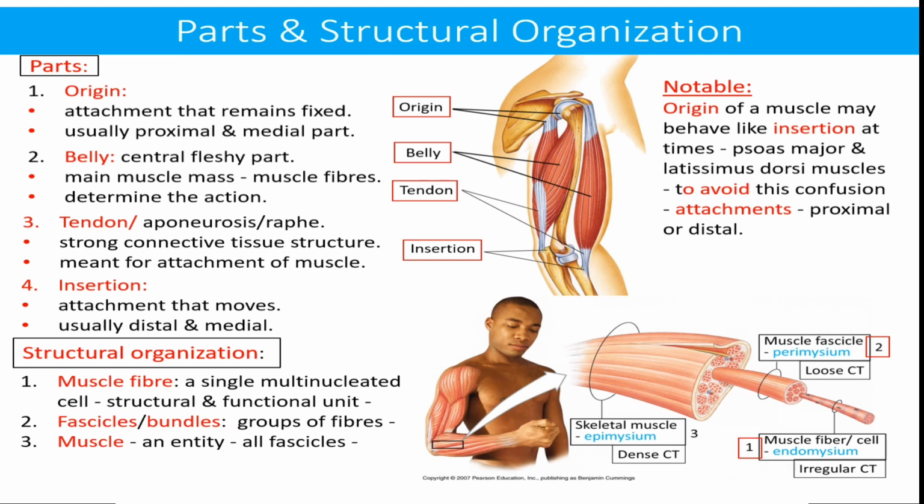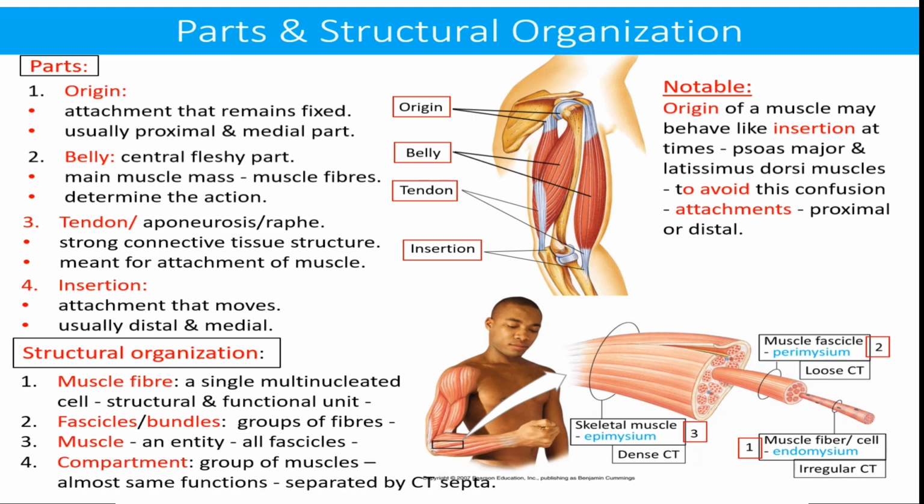Each fascicle is covered by a loose connective tissue sheath which is named as perimysium. A group of bundles unite together to form an entity which is named as muscle, and muscle is covered by a dense connective tissue sheath which is named as epimysium.